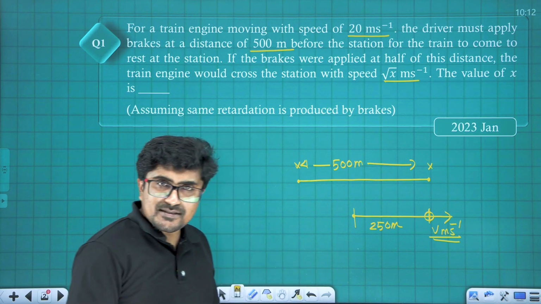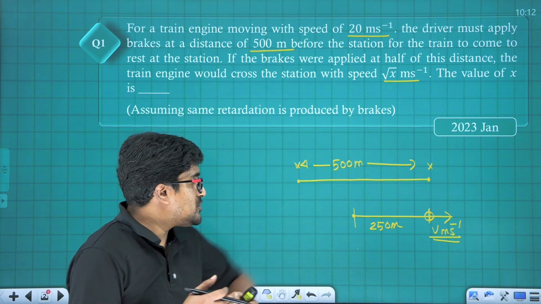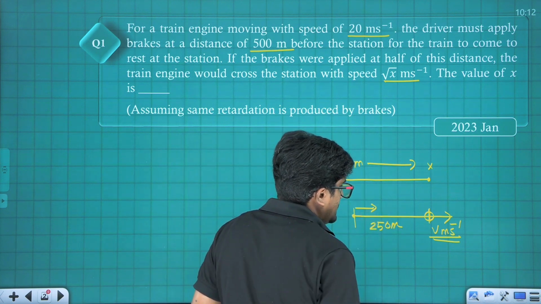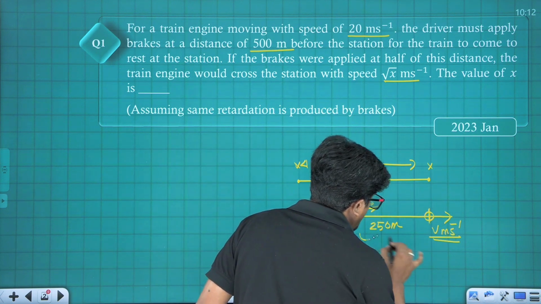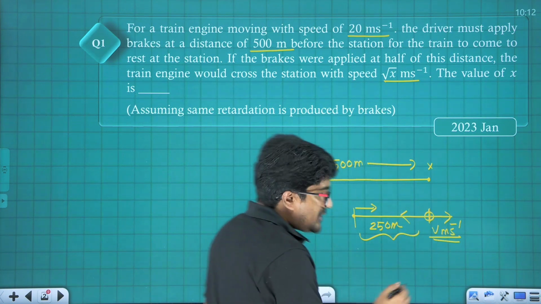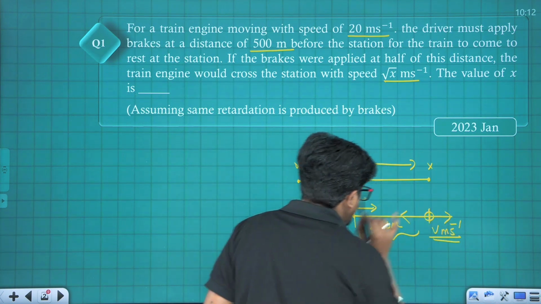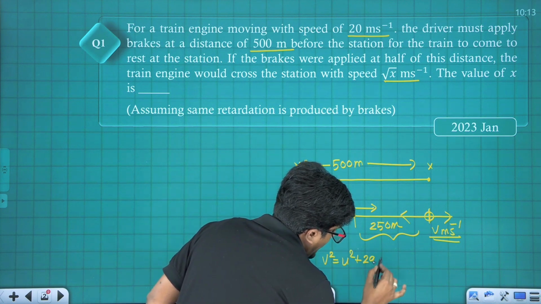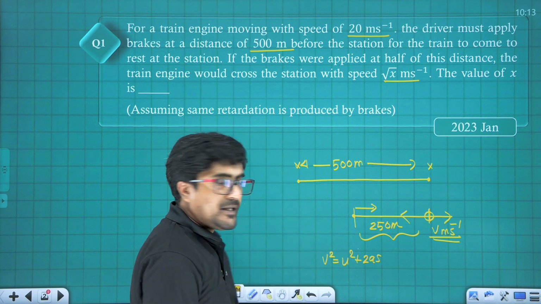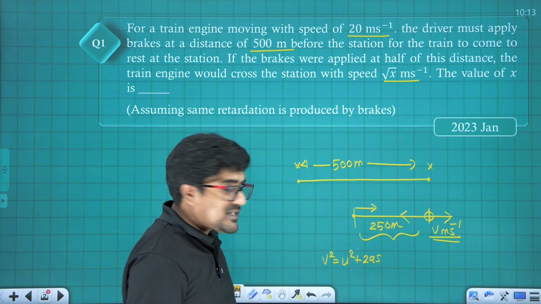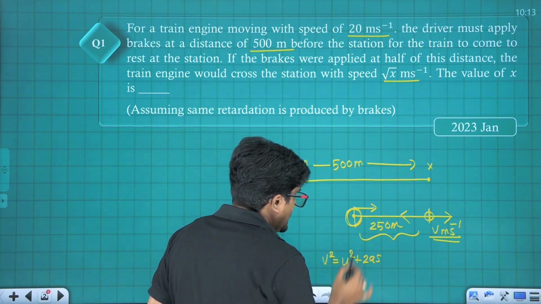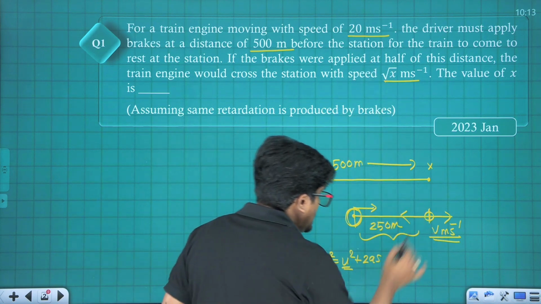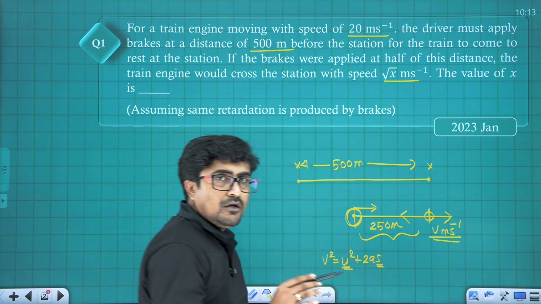Now let's try to understand the key concept, how we can proceed to the final answer. If we know the speed here and the acceleration, the retardation of the brake, then from the formula v square equal to u square plus 2as, we can get the value for v. What values do we initially need? We need the speed here, that is u, given as 20 meter per second, and the distance, which we know is 250 meters.